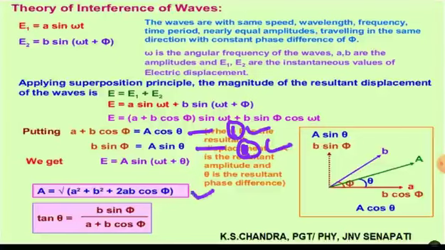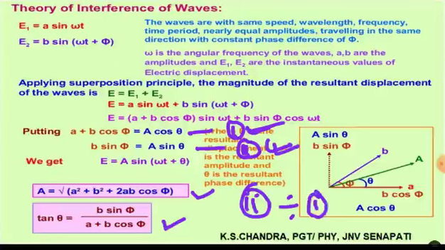And if you divide equation 2 by equation 1, you will get theta. Theta will be equal to tangent inverse of b sine phi divided by a plus b cosine of phi. So whatever we have put, the expressions for A and theta can be obtained from these two equations.